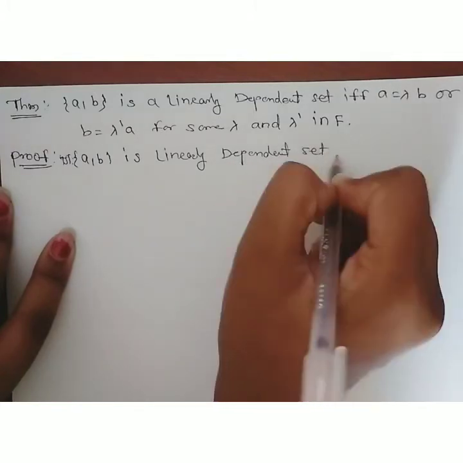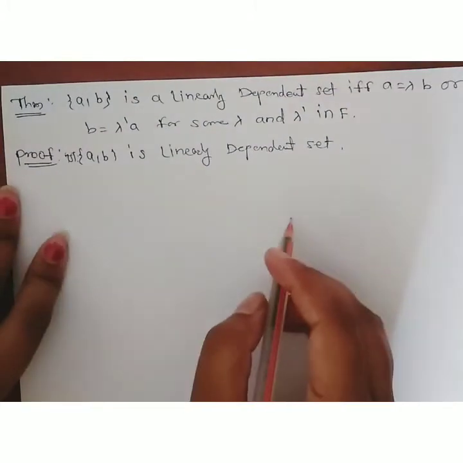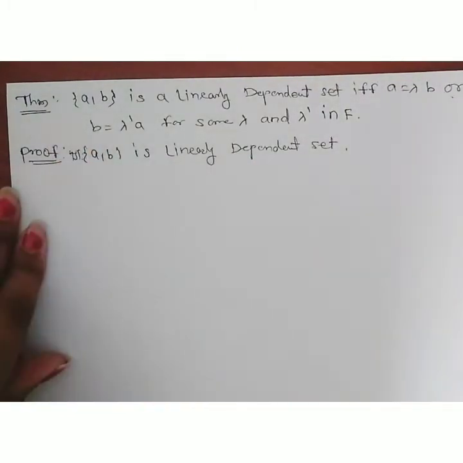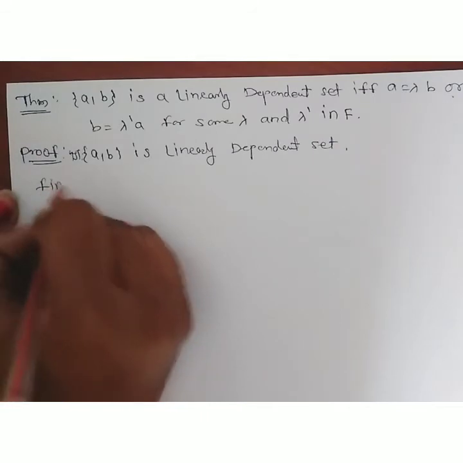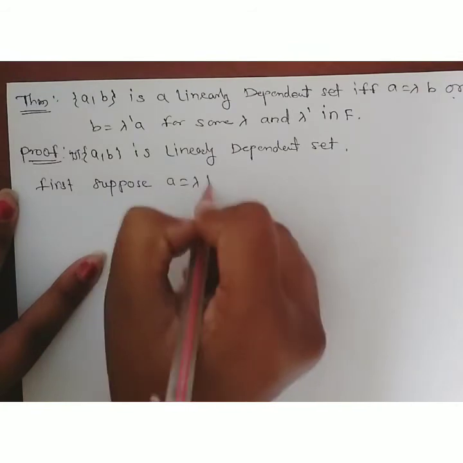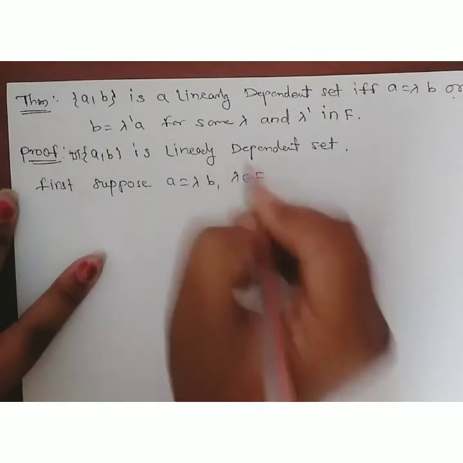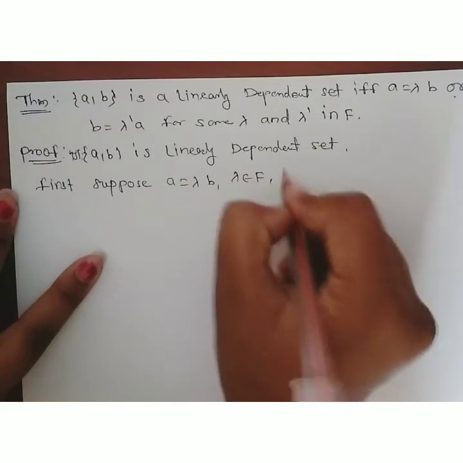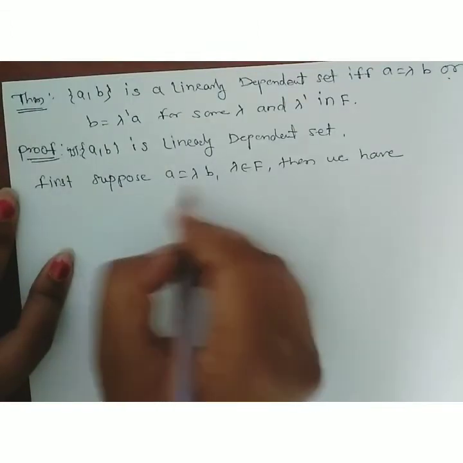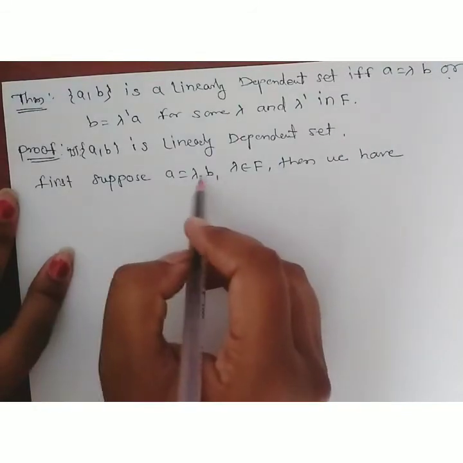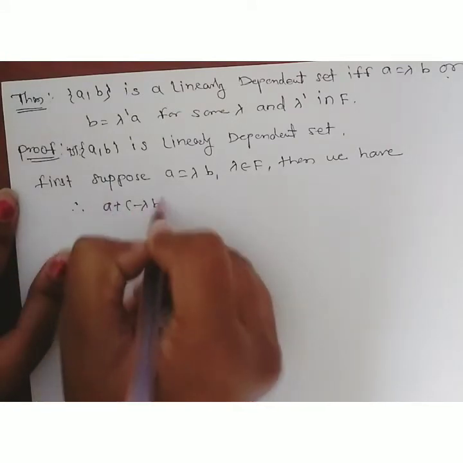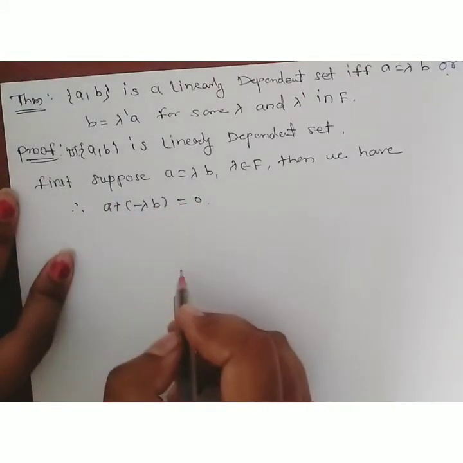First suppose A is equal to lambda B for some lambda belonging to field F. Then, as A is equal to lambda B, taking lambda B to this side, this implies A plus minus lambda B is equal to 0.